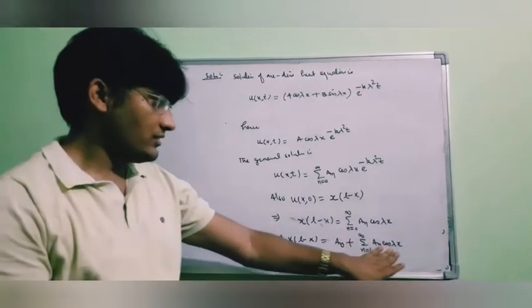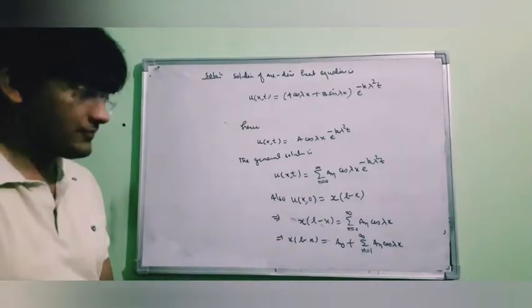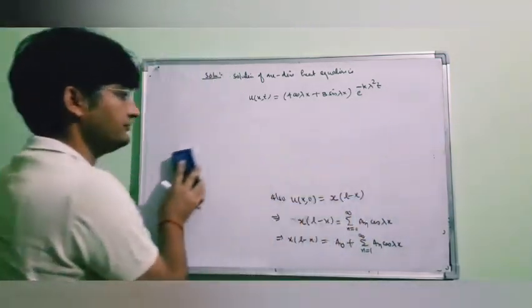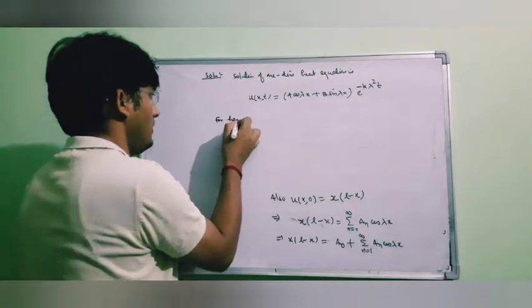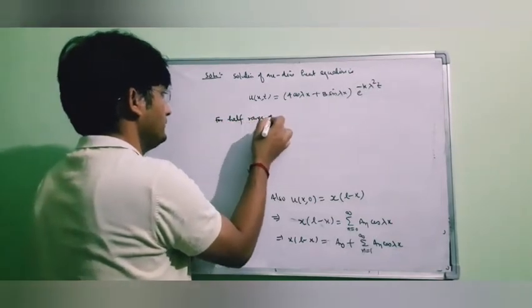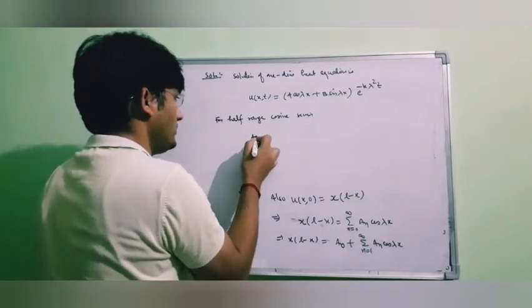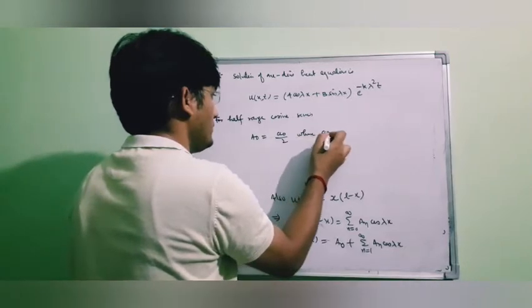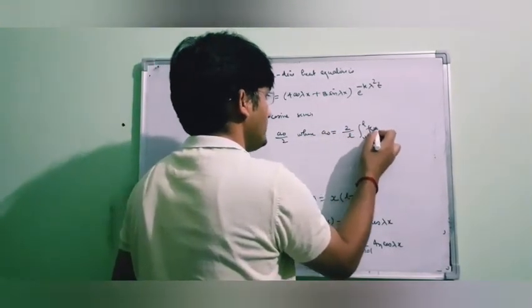For the half range cosine series, our capital A naught is equal to small a naught by 2, where small a naught is equal to 2 upon L integral 0 to L of f(x) dx.